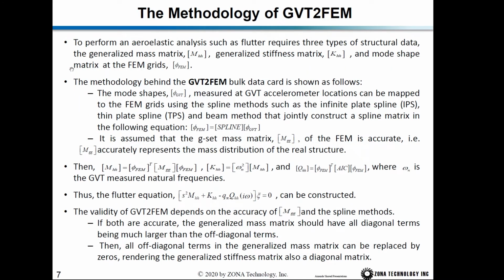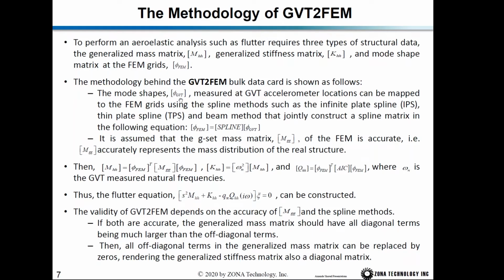So to perform an aeroelastic analysis such as Flutter requires three types of structural data: the generalized mass matrix, the generalized stiffness matrix, and the mode shape at finite element grids. The methodology behind the GVT to FEM module is shown as follows.